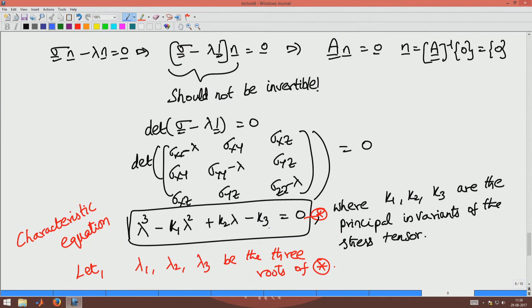You will get 3 roots from this characteristic equation, which will be your lambda 1, lambda 2, lambda 3. In the case of plane stress, K3 is 0, so you will get sigma max, sigma min and 0 as the 3 roots of this characteristic equation.